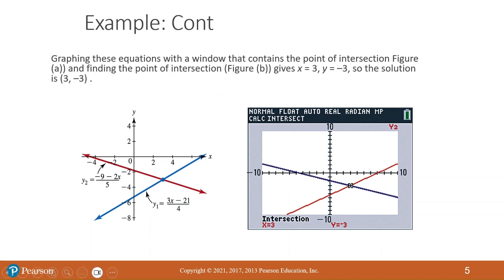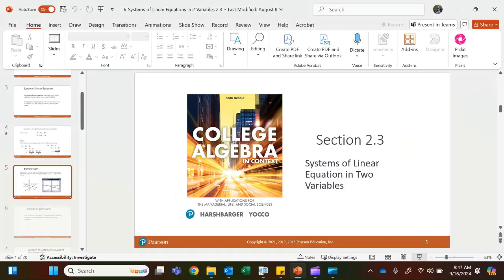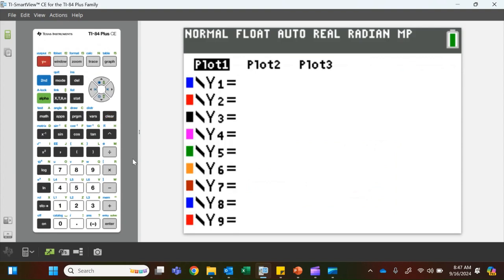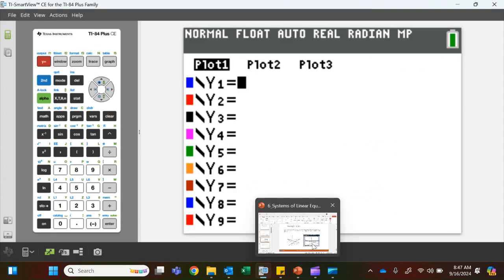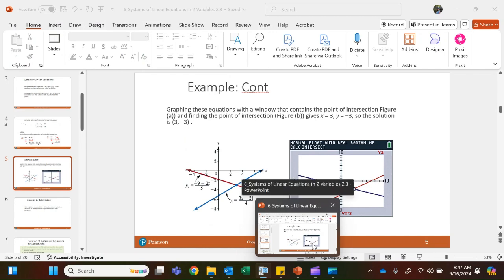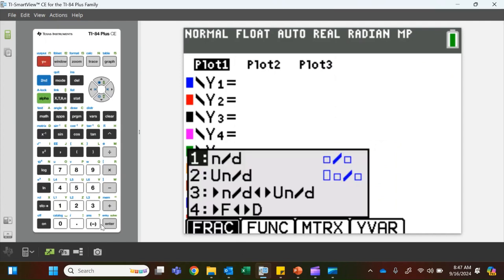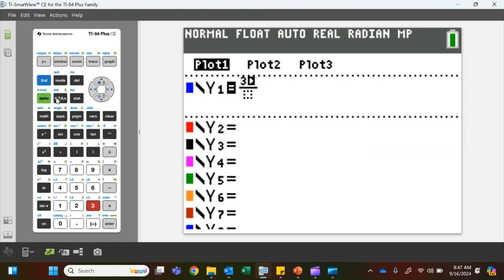Let's try that real quick on our actual calculator. I'm going to pull up my calculator and graph those two equations. I'm going to go to y equals, and type my first equation: 3x minus 21, set up as a fraction, divided by 4.